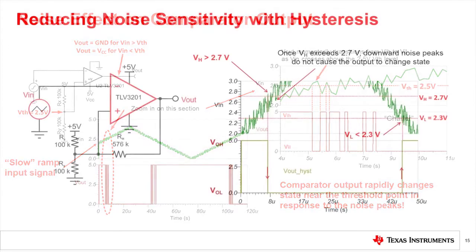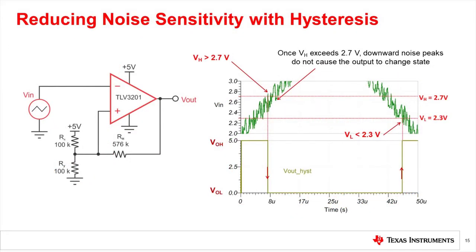Let's go back to the same circuit that we analyzed previously, now with the 400 millivolts of hysteresis applied. We now have two different thresholds, the lower threshold being 2.3 volts and the upper threshold being 2.7 volts. Notice that when the input waveform is increasing, the output will not transition until the first time the input goes above the threshold voltage of 2.7 volts.